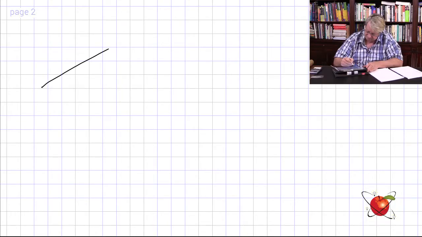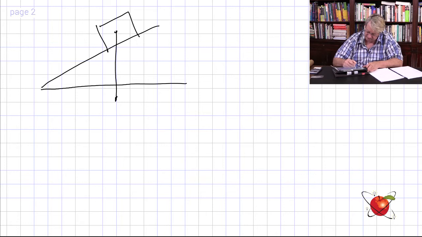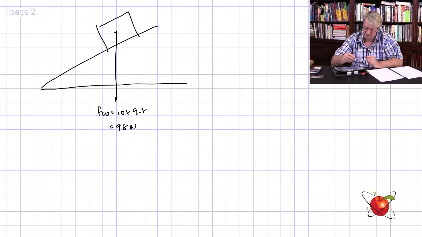Let's first of all say, here we go. Let me just get this down. We've got this, right? So first we put in FW, and FW is equal to 10 times 9.8, which equals 98 newtons. Then what did we say?